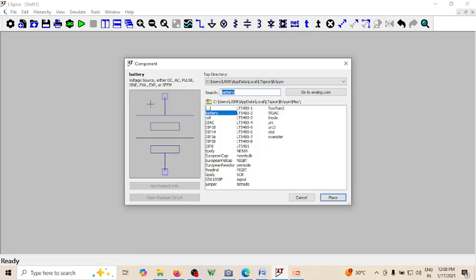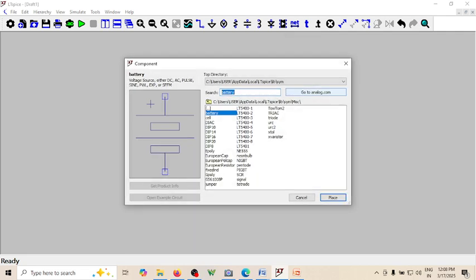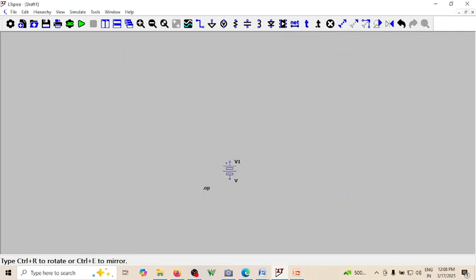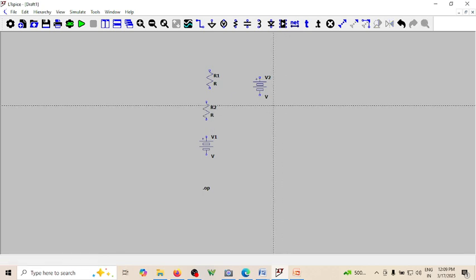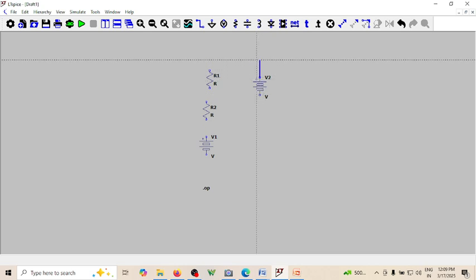Let me start afresh. Let me take a component corresponding to a battery. I need to have two batteries. Oh, what happened? Okay, let me select this place, one here, other here. I need to have two resistors, R1, R2, then close it, wire them, this going there, all the way down here.